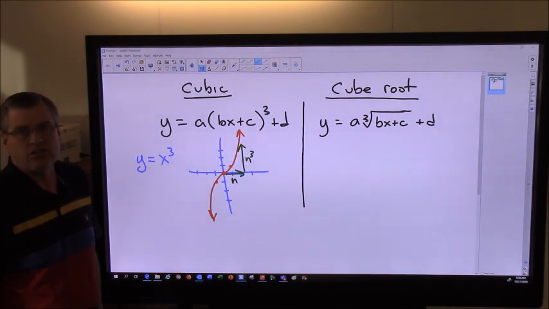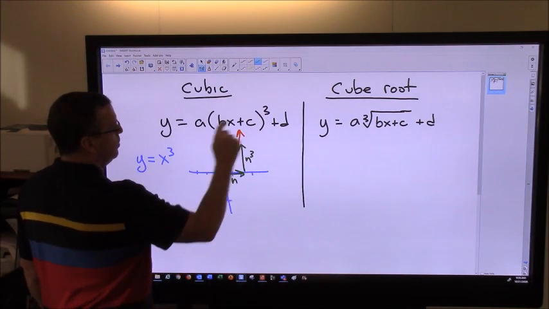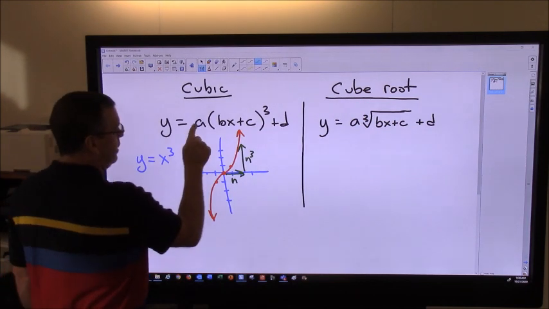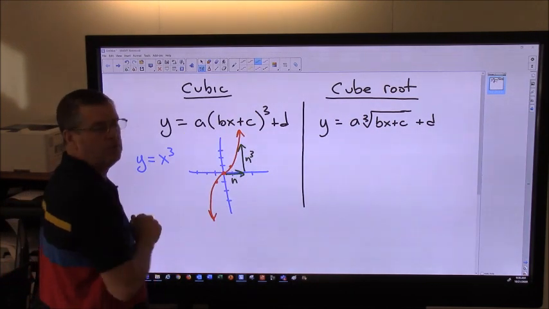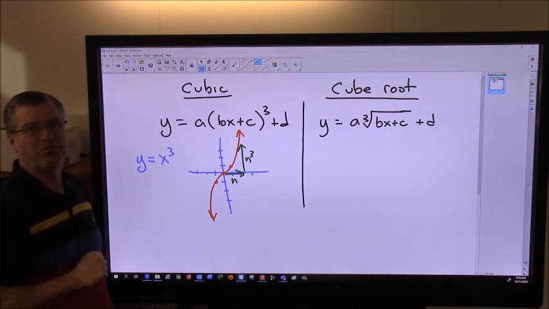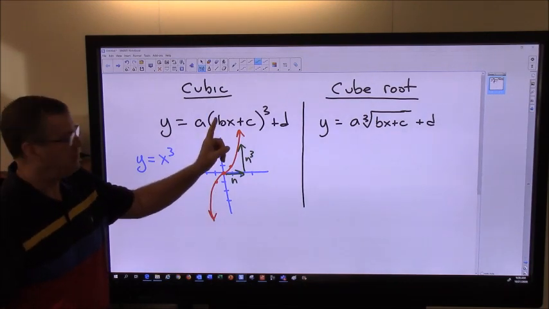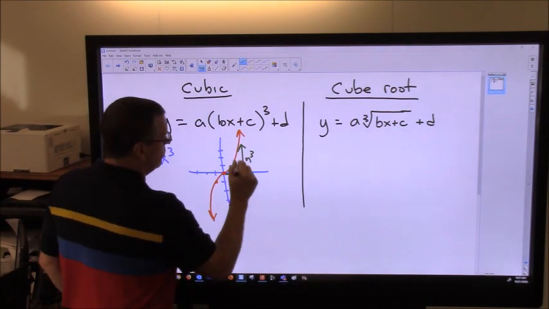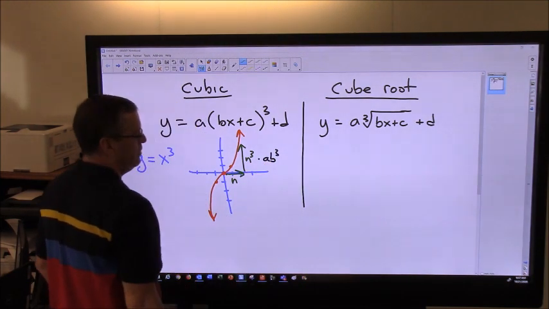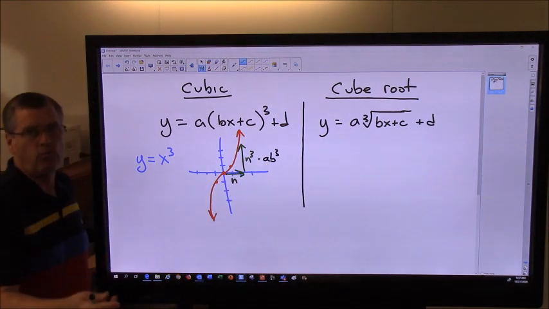And you can start to figure this stuff out on your own. When this was a parabola, we did a times b squared. Well, now I'm going to do a times b cubed. All right? I don't really want to see a b value in there for this problem because this can get big really fast. But we've got to follow those rules. So a times b cubed is how many times more or less we're going to go up than what's normal.